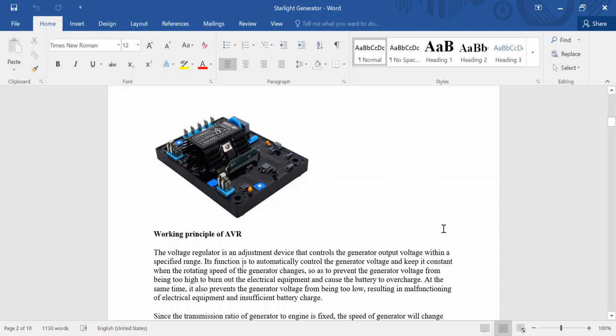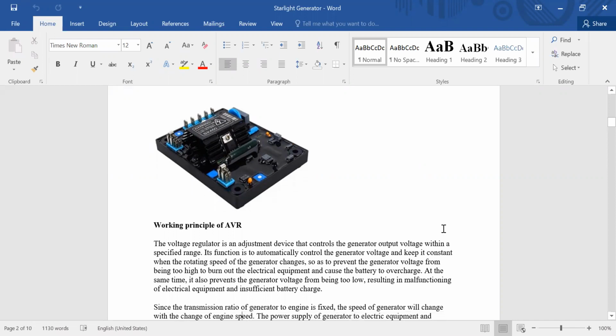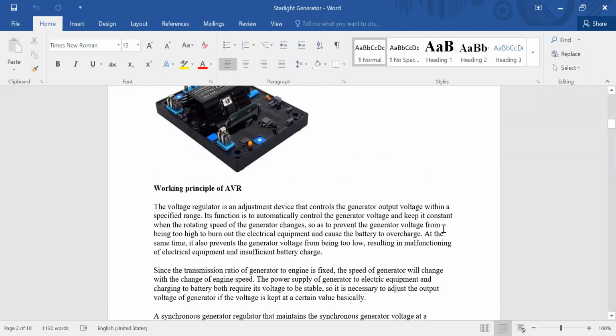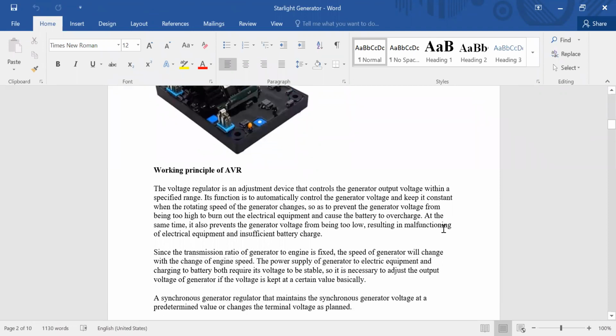Since the transmission ratio of the generator to the engine is fixed, the speed of the generator will change with the change of engine speed.